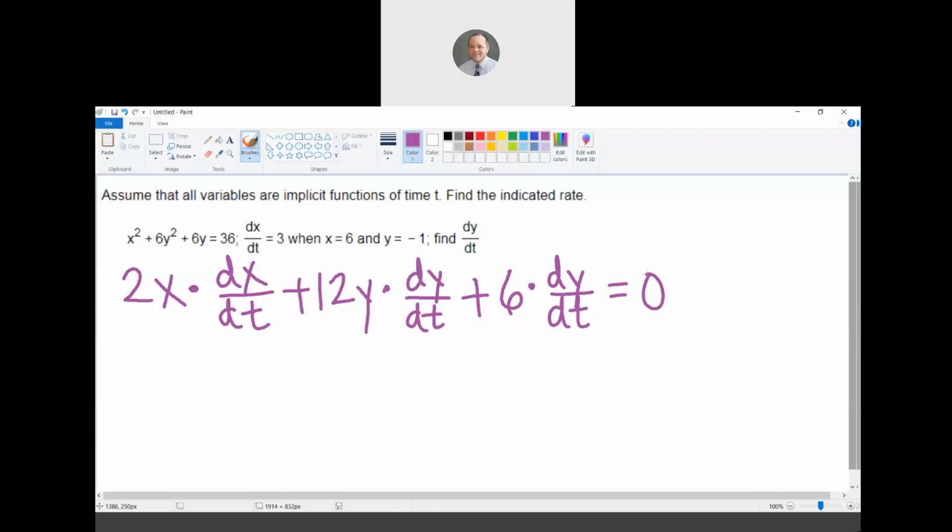Now, let's plug in all of our given information. x is 6, dx dt is 3, y is -1, and we leave dy dt alone because that's what we're solving.